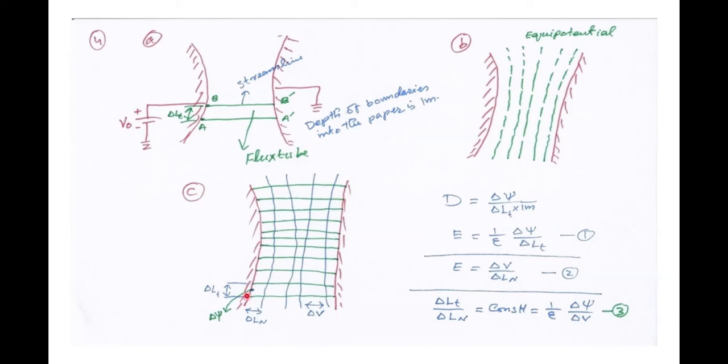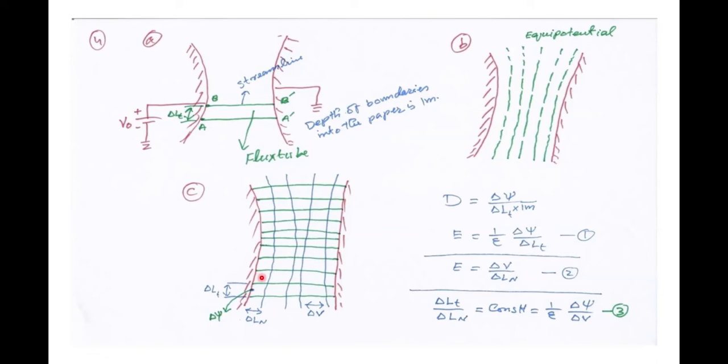For example, a delta psi flux originates from the left conducting boundary, and that much flux terminates on the right conducting boundary in the same flux tube.